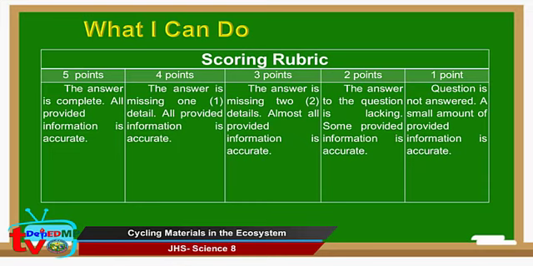Almost all provided information is accurate. You get 2 points if the answer to the question is lacking. Some provided information is accurate. And you get 1 point if the question is not answered. A small amount of provided information is accurate.